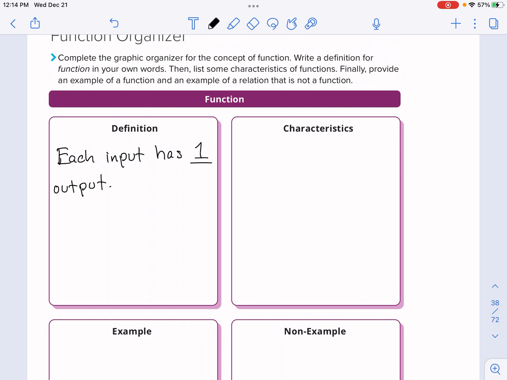Remember, the range is a set of all outputs, the domain is a set of all inputs. What are some characteristics of a function? Well, let's add some key vocabulary terms. So functions have a domain and range, where we have inputs and outputs.